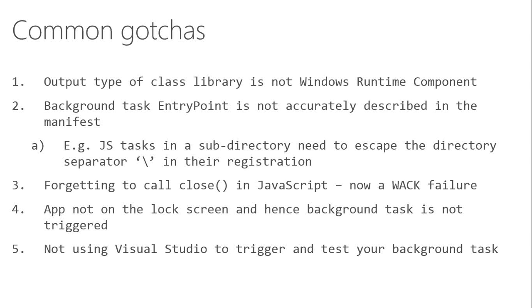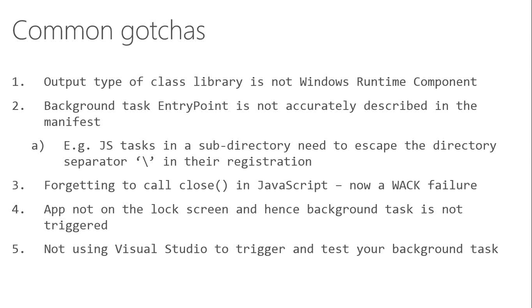This slide talks about the common gotchas. You can read it by yourself. It is available in the MSDN, but I would like to mention point number 3, which is forgetting to call close in JavaScript. If there is no close in your background task, the task will keep on running.